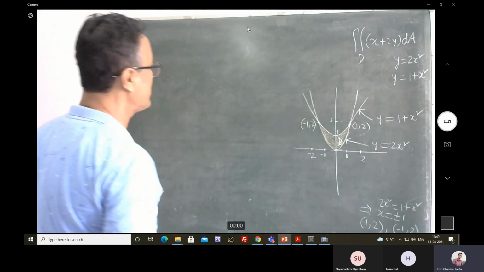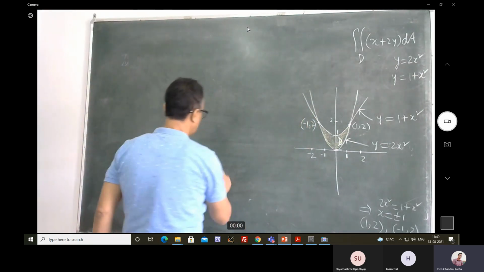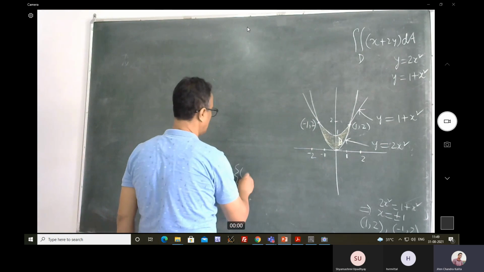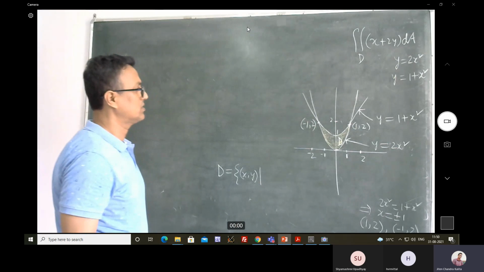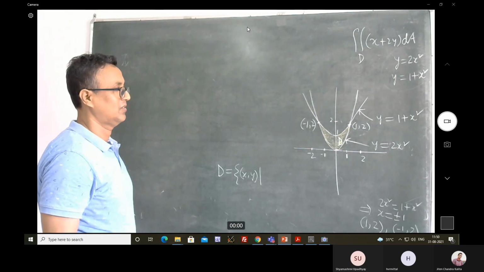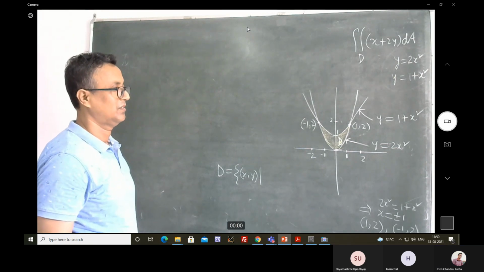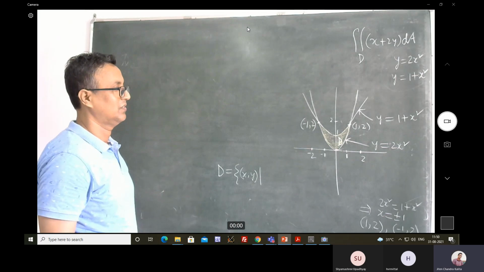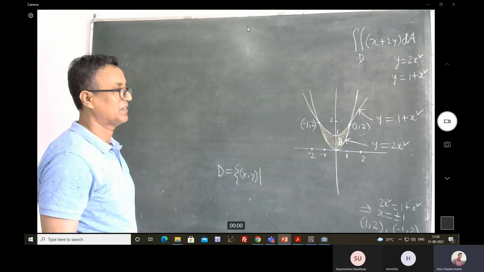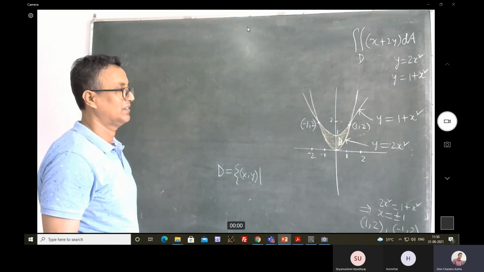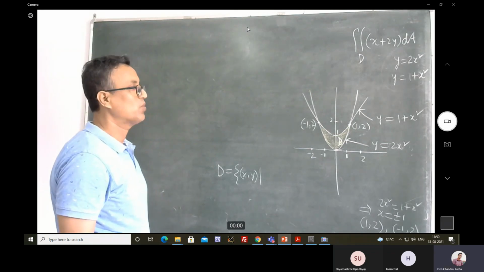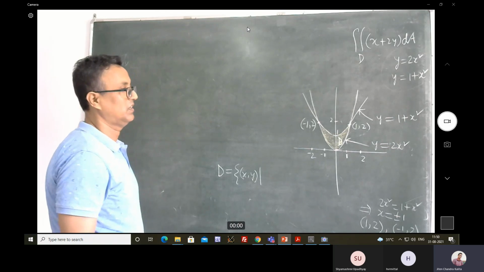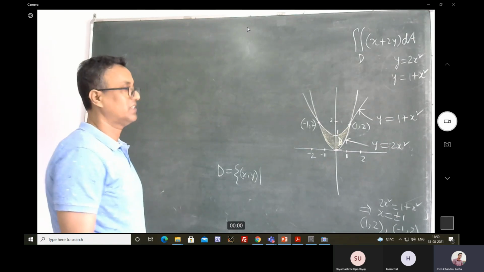Now you can see that D, is it a type 1 region or a type 2 region? You look at the graphs. Here, obviously, the graphs are given as functions of x, isn't it?